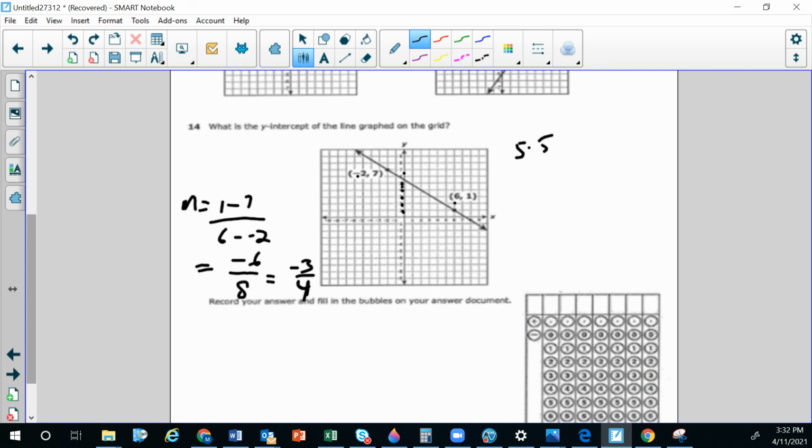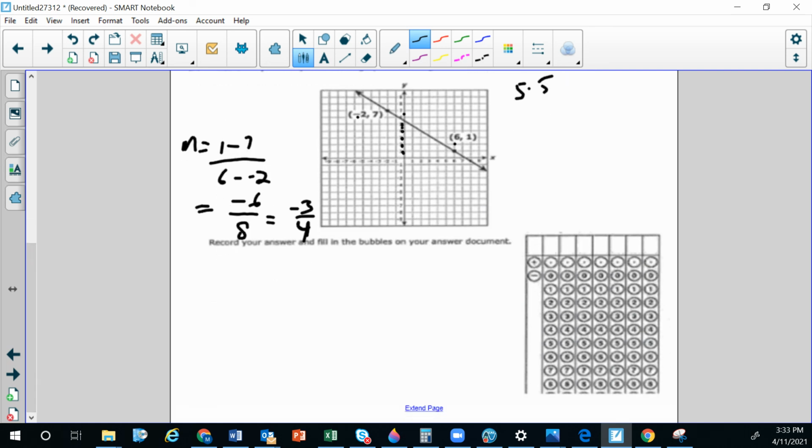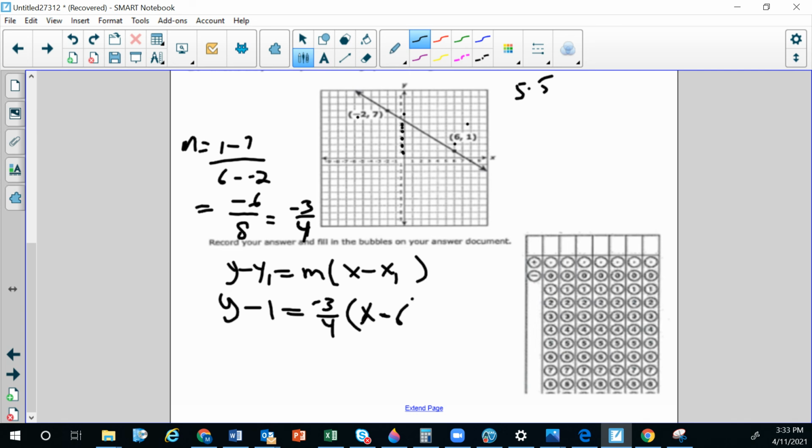So I'm given 2 points, and I'm going to use the point-slope method. y minus y1 is equal to m times x minus x1. Let's go with this point. My y1 is 1, so y minus 1 is equal to negative 3 over 4 times x minus my x1, which is 6.